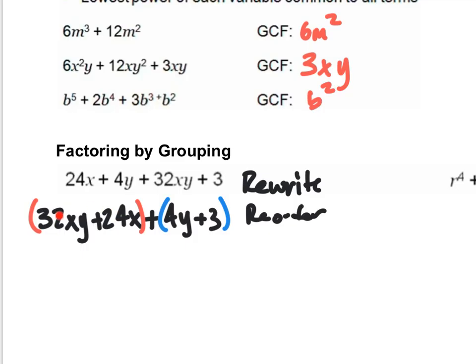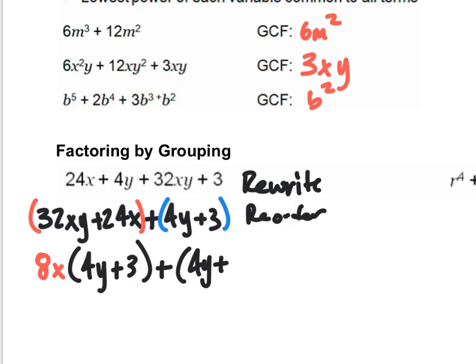So what I'm going to do is this. From this first part, I can factor out a common 8, and I can also factor out an x. So if I factor out an 8x, then we're left with 4y plus 3. You can always check by remultiplying your 8x back in. Then, I can't factor anything out of the 4y plus 3, so I'm just going to leave the plus 4y plus 3.